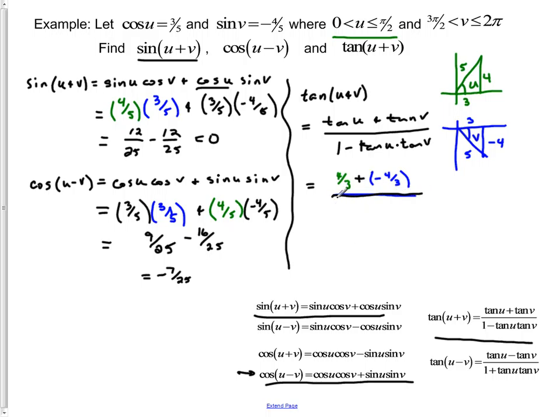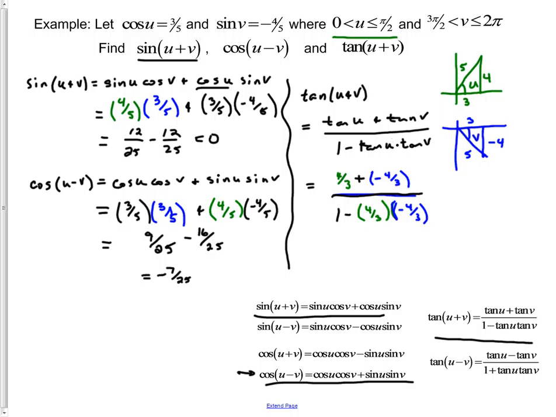Good Lord, what's the matter with me? This is going to be divided by 1 minus the tangent of u, which we said was 4/3, times the tangent of v, which we found to be negative 4/3.